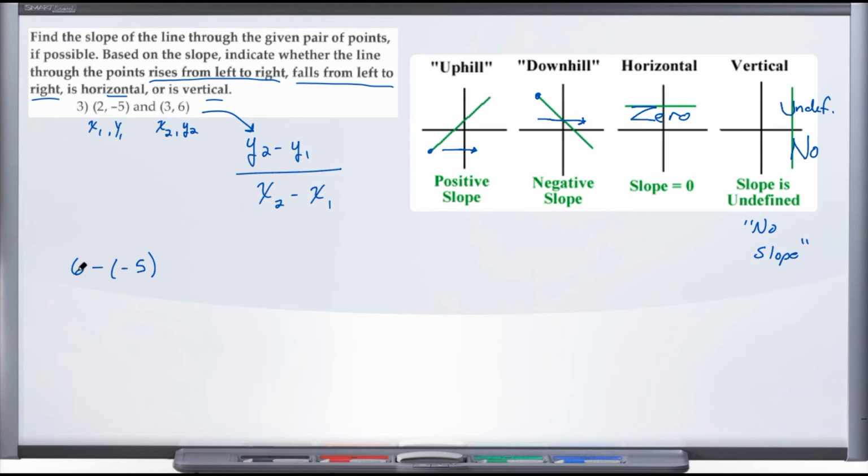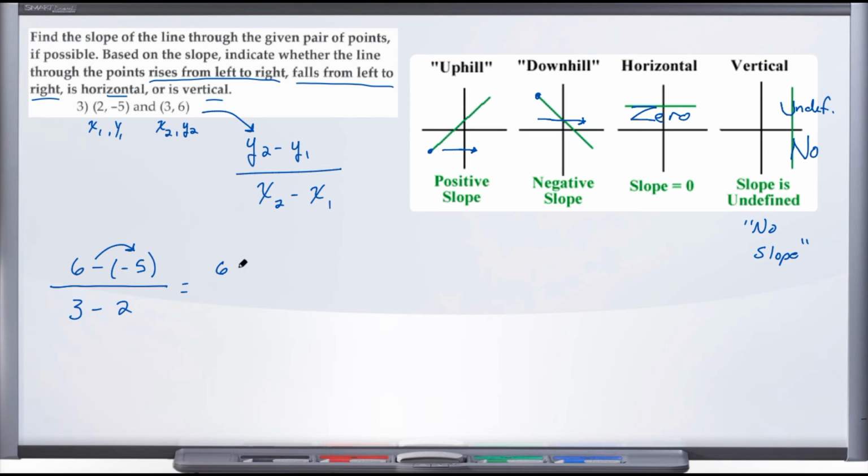All right, so we have our y2 minus our y1, and that's over x2 minus x1. Our x2 is 3 minus our x1, which is 2. Now we have 6 minus a negative 5. When we distribute the negative to the negative 5, we end up with a plus.